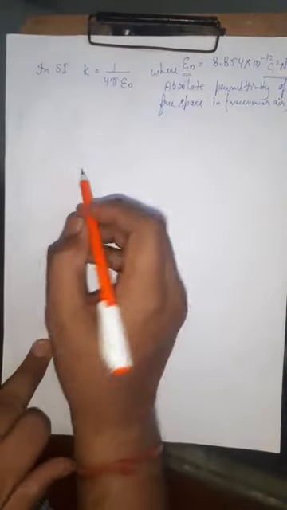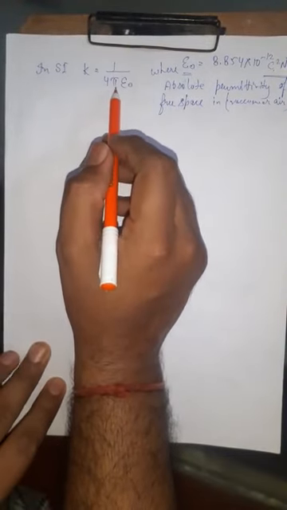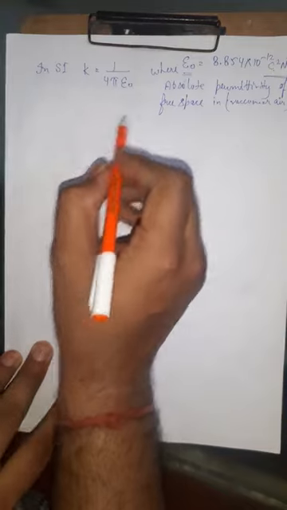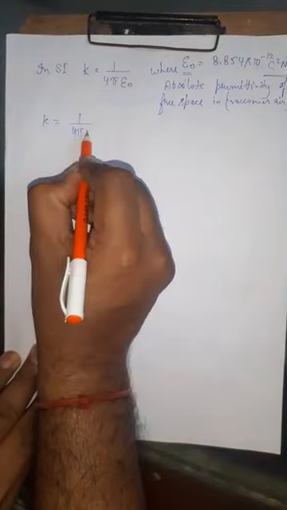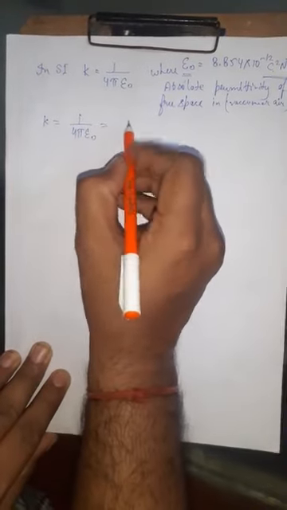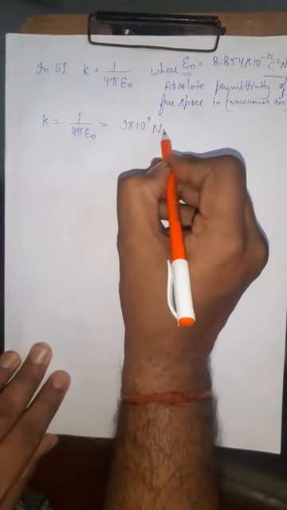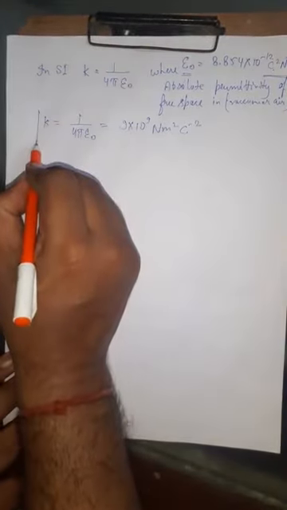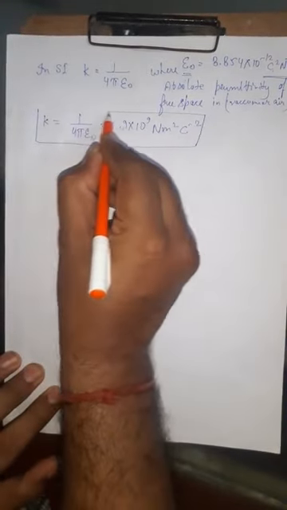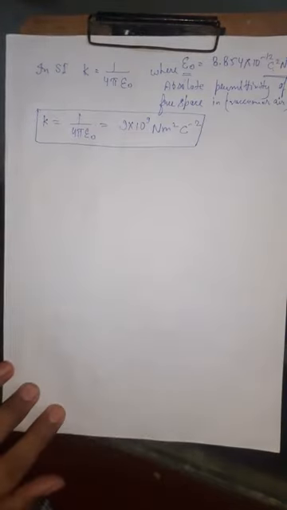Putting this value in, K is equal to 1 upon 4 pi epsilon naught, which is equal to 9 into 10 raised to power 9 Newton meter square per Coulomb square. Is it clear? This is the value of K we will use in numerical problems.